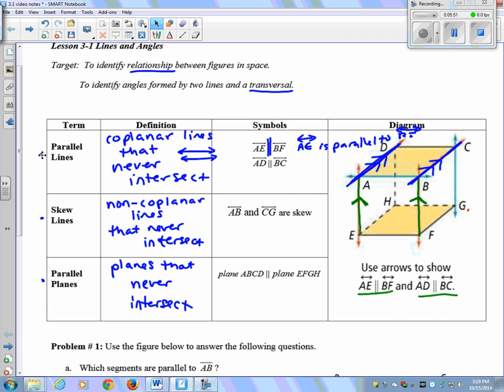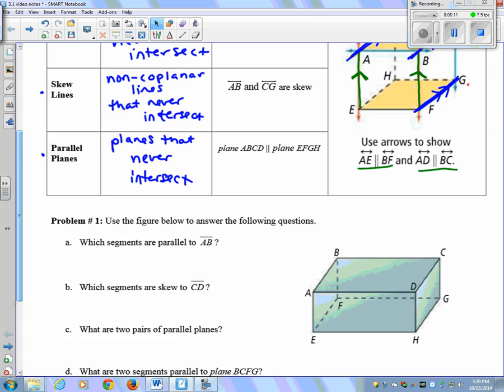If you wanted to go a little further and say the next one was parallel, you could use 3 arrows. I'm going to pick one more line here that's parallel. That one's parallel to the other 2 blue lines as well. All right, so that's a lot of notation and symbols.